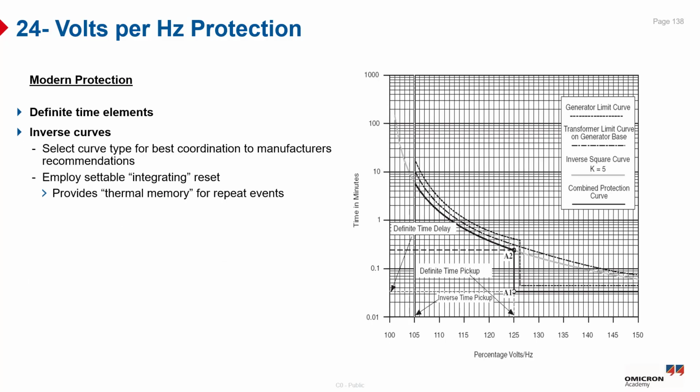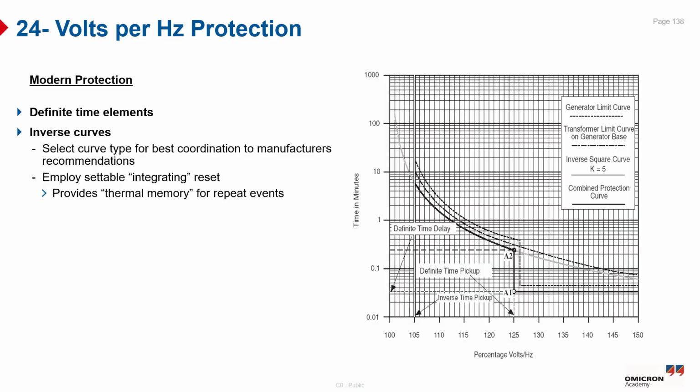In modern overexcitation protection, the relay uses both a definite time element and an inverse time curve, allowing for better coordination with the generator manufacturer recommendation. The inverse curves are selected to match the machine thermal and magnetic limits, providing more precise protection compared to legacy stair-step schemes. Modern relays also employ a settable integrating reset, which gives the relay a kind of thermal memory to account for repeated overexcitation events.